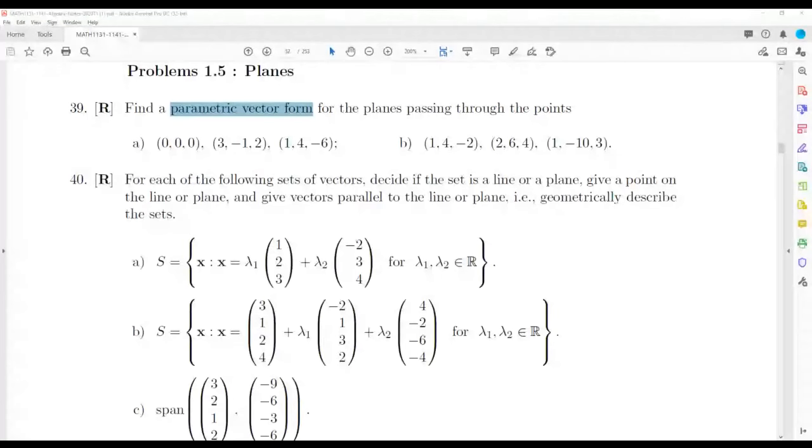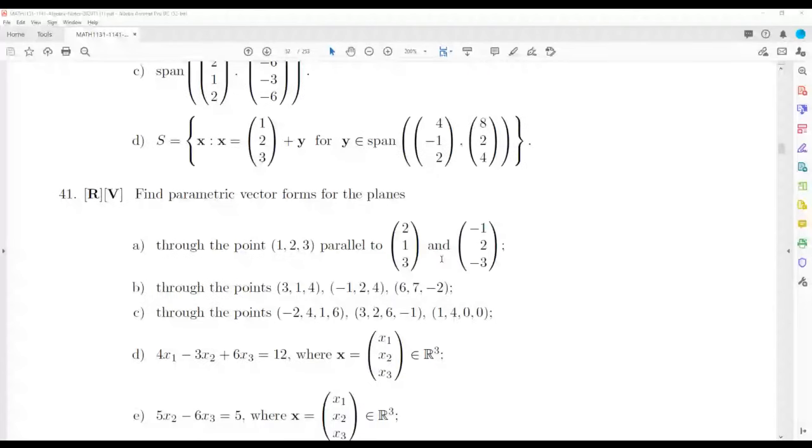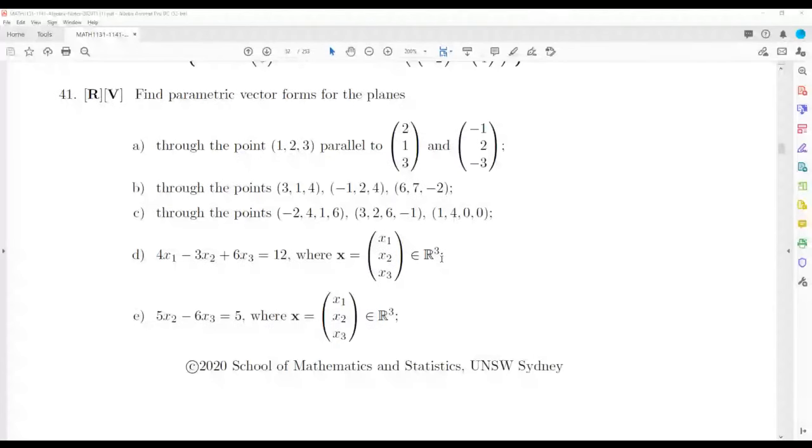All right, so let me go back to the next question here. The next question is 41. So I'll just share the screen again. So 41F.